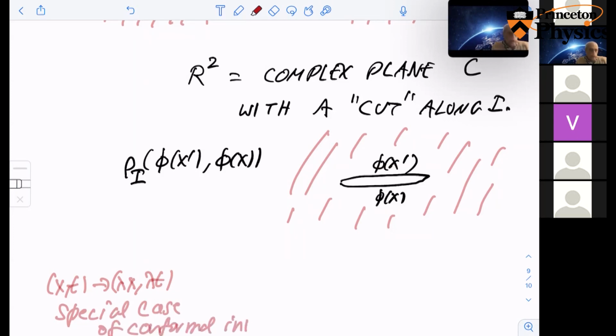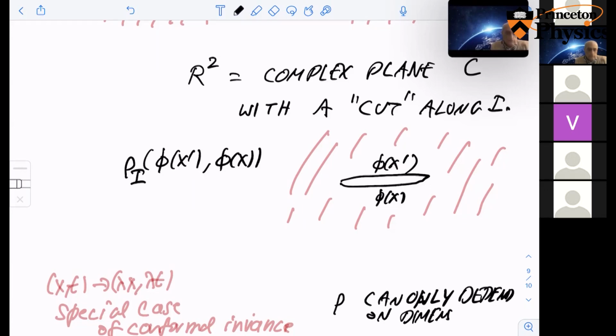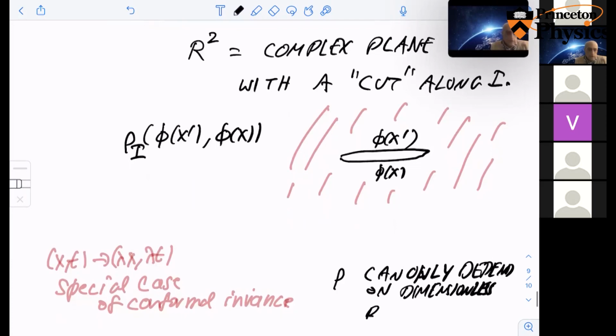The way I used scale invariance means that something dimensionless like the entropy can only depend on dimensionless ratios. And in this problem, there was only one dimensionless ratio, L over epsilon, where L is the length and epsilon is the ultraviolet cutoff.